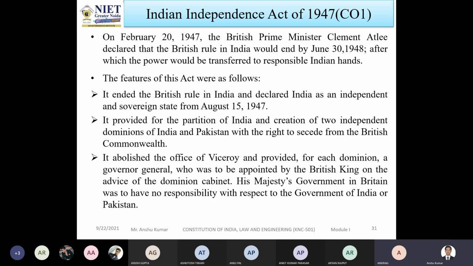That's the part. And tell me, who were the Vice Presidents of the Constituent Assembly? There were two: H.C. Mukherjee and V.T. Krishnamachari. Yes, sir. That's today's lecture.